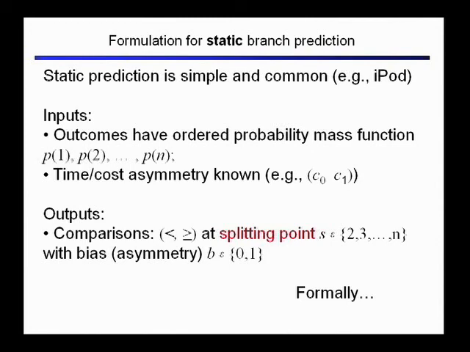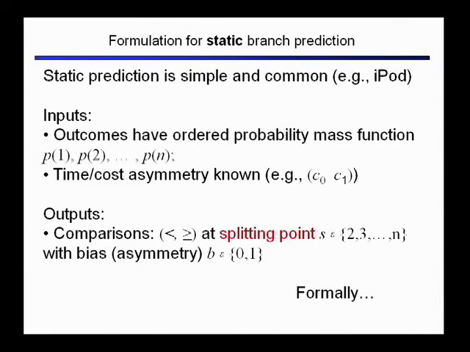Now in this problem, I'm going to assume that all branches are branches ahead, and so I can just assume that the branch is going to be assumed untaken and code accordingly. So the inputs to this problem are the probability of each outcome event, each outcome interval, and the time cost asymmetry that the processor presents to me. And as an output, I want the decision tree.